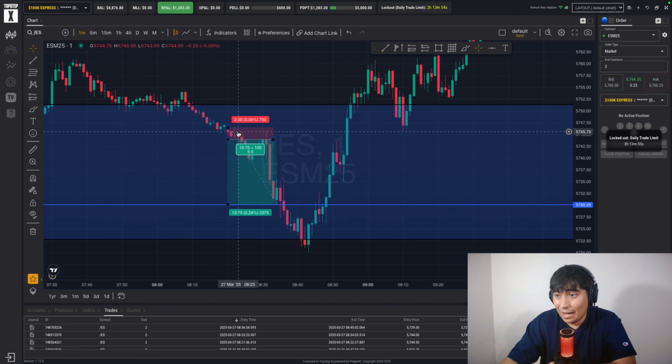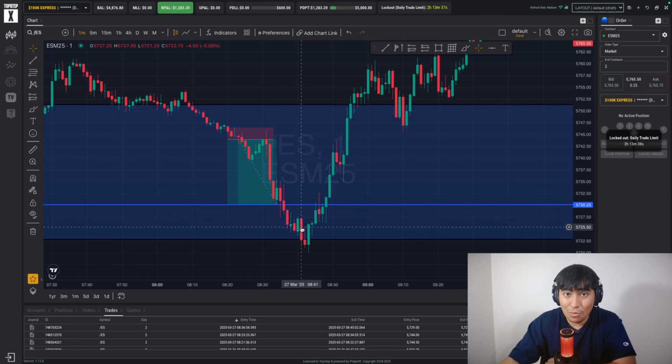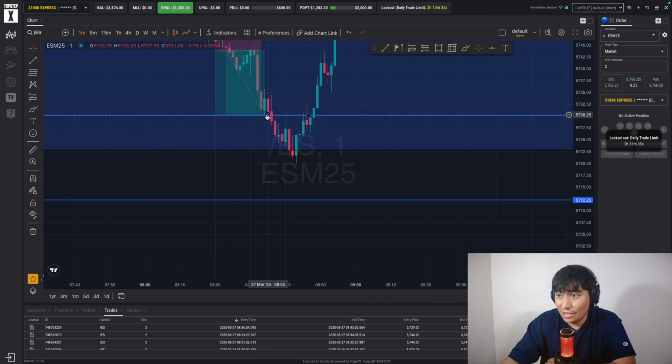Second trade, I noticed that market was still pushing down, so I'm like, you know what, we're gonna set that trade again, targeting this area, and market just dumped. And when I say dumped, it just dumped. We hit that area of liquidity, decided to take one more trade targeting this area right here.